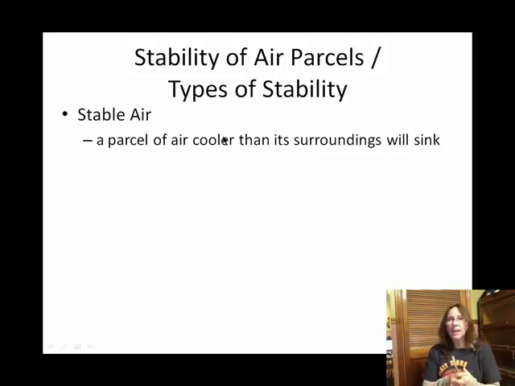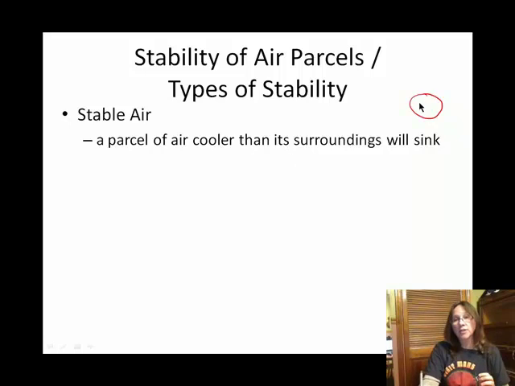In general, we say a chunk of air or a parcel of air is stable if it wants to sink. And in context of what I just said about the hot air balloon, can you see that a parcel of air will want to sink if that parcel of air is cooler than its surroundings?